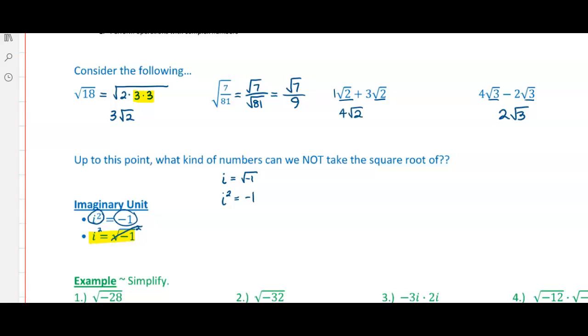Now let's think about i to the third. For i to the third, I would need to take i times i squared. i is defined as radical negative 1. i squared is defined as negative 1. When I multiply these, I get negative radical negative 1.